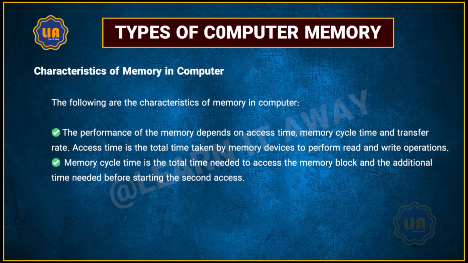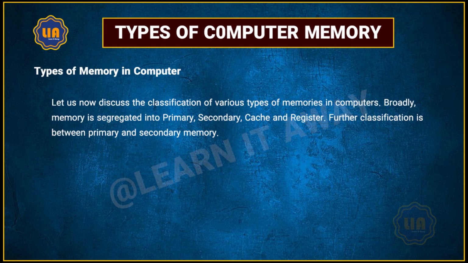The performance of the memory depends on access time, memory cycle time, and transfer rate. Access time is the total time taken by memory devices to perform read and write operations. Memory cycle time is the total time needed to access the memory block and the additional time needed before starting the second access.